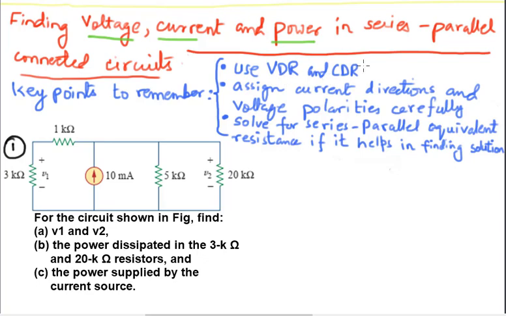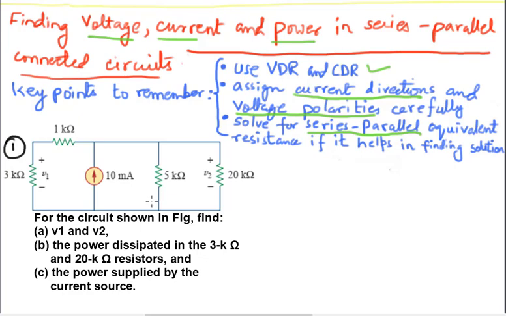You need to remember their formula. The second key point is that you need to be careful when you assign current directions and when you assign voltage polarities. They should be in accordance with the VDR and CDR circuits that we have studied. Sometimes it's also helpful to do some series parallel simplification before starting the solution. So these three are the key points for these kind of circuits. We are going to be solving very simple resistive circuits.